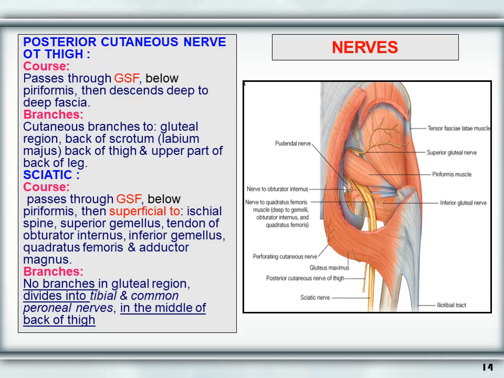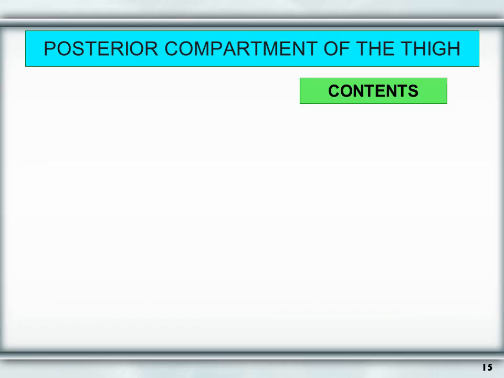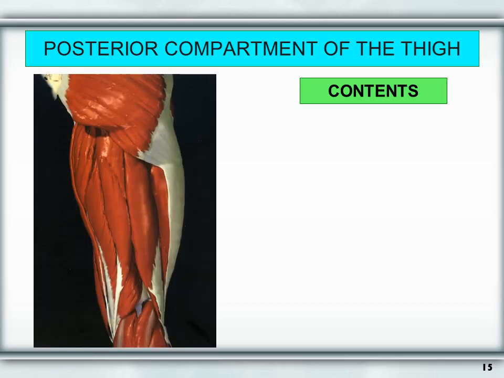It only divides into the tibial and common peroneal nerves in the back of the thigh. Posterior compartment of thigh.